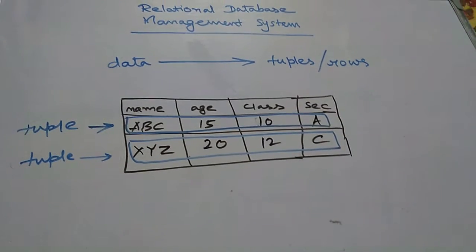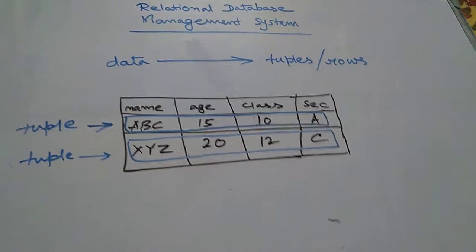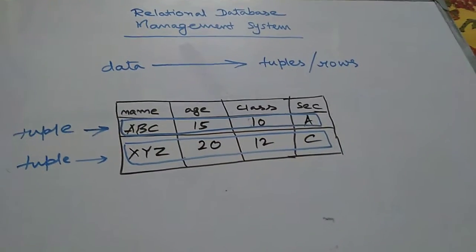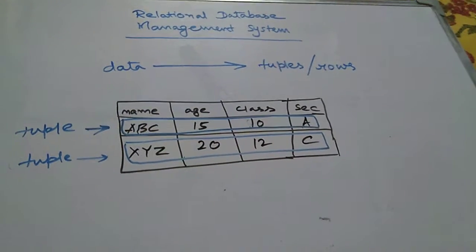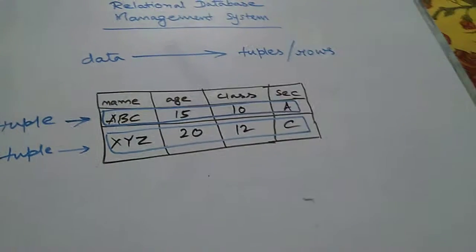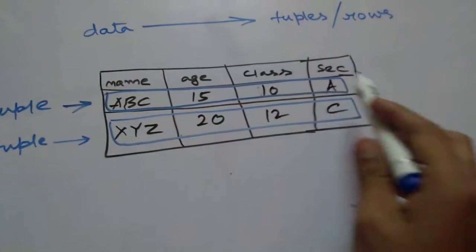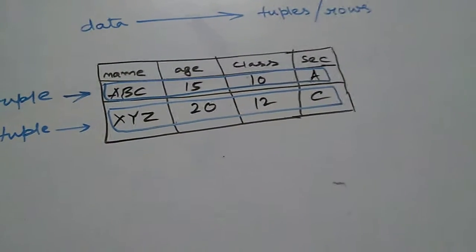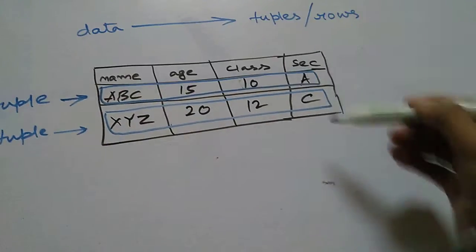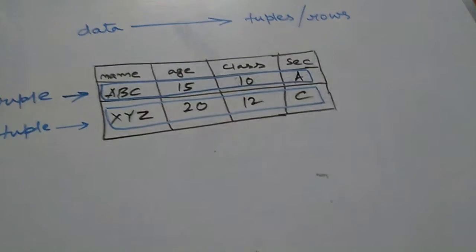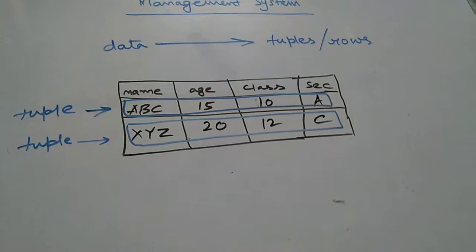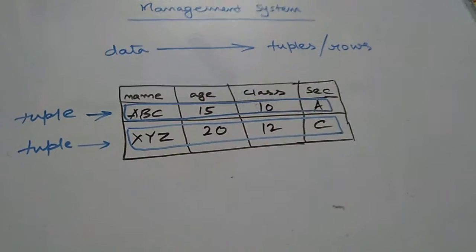So relational database management system is made up of a collection of such tuples. Due to this collection of organized set of tables, you can see these tuples can form tables. So the collection of these organized sets of tables allows us to access data easily in RDBMS, or relational database management system.